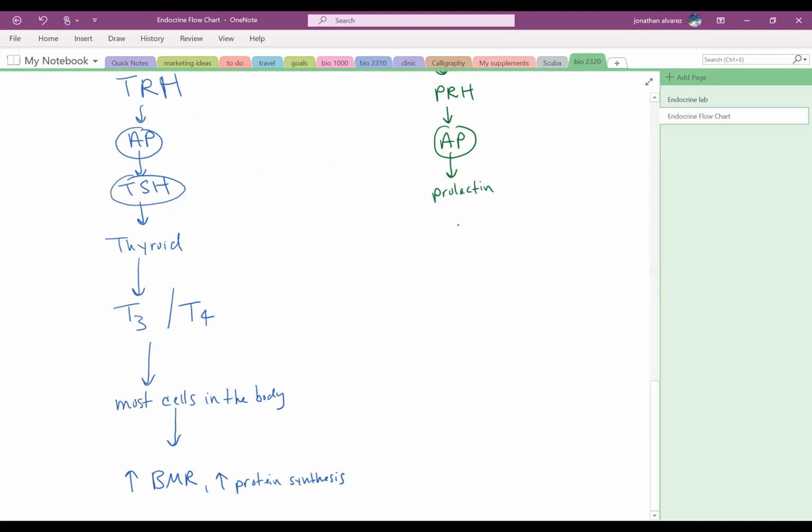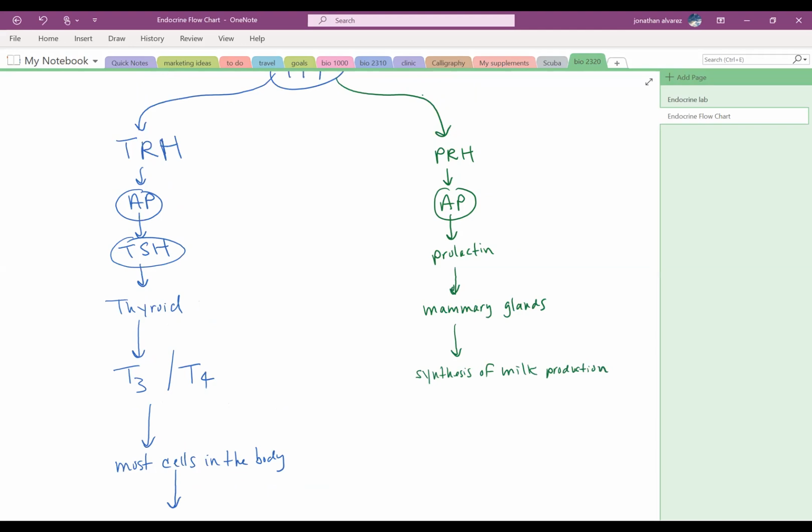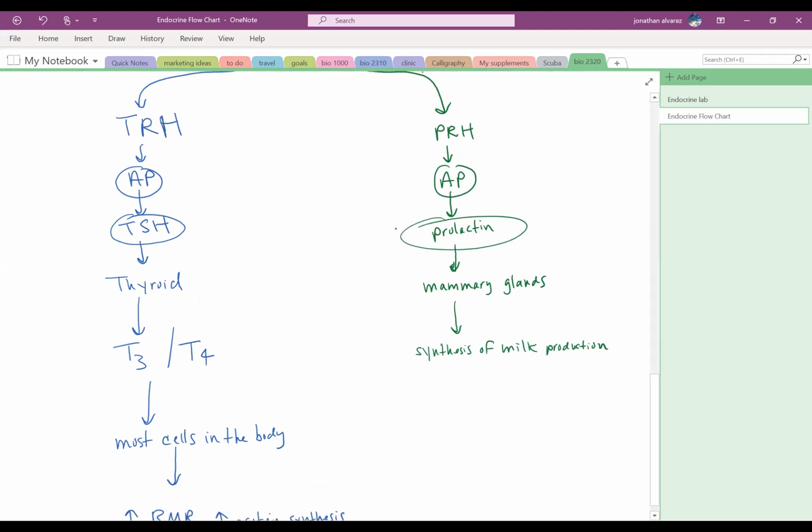Prolactin goes to the mammary glands in women, and this stimulates the synthesis of milk production. So that would be for prolactin.